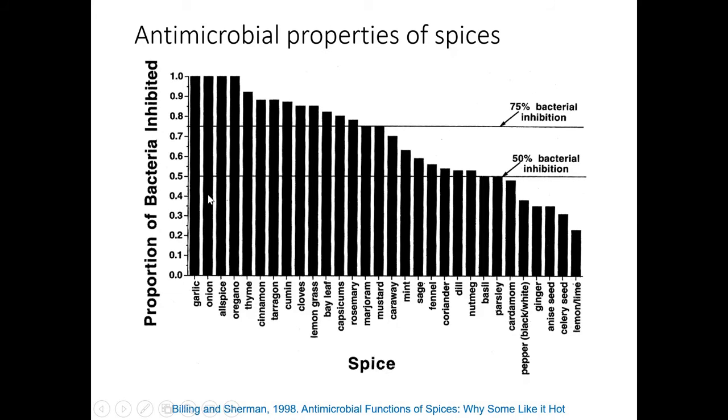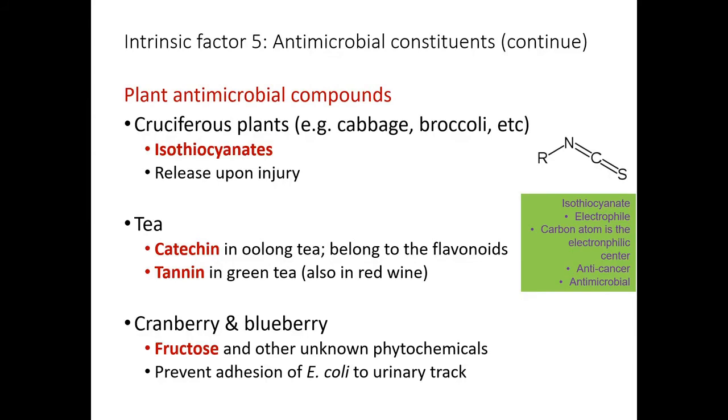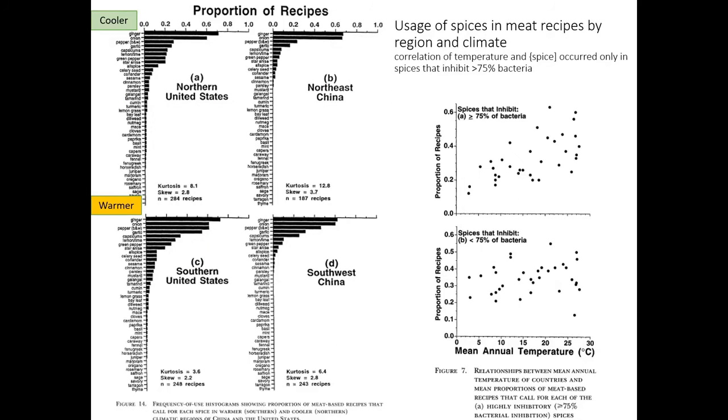So you can kind of see the effectiveness of each of these different spices. This is just some interesting information, kind of just saying that these spices have been used in order to inhibit the growth of bacteria.